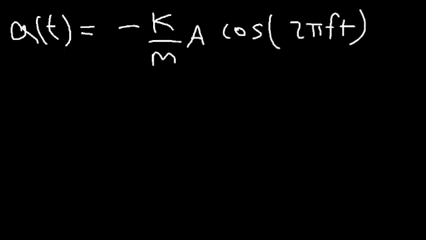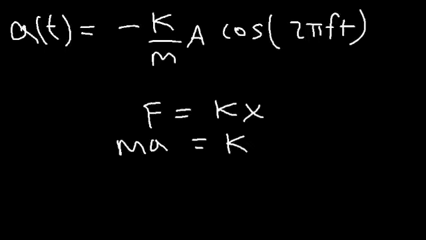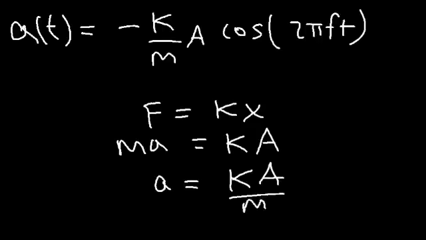Now, if you recall, F is equal to kx, and the force is basically mass times acceleration. And let's replace x with the amplitude a. So the maximum acceleration is k times the amplitude divided by m, which is exactly what we have here.